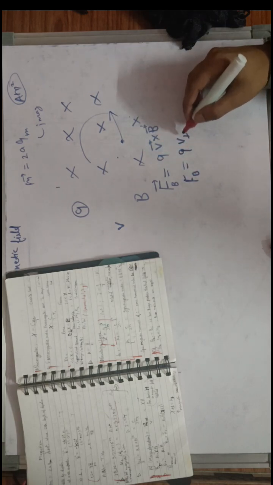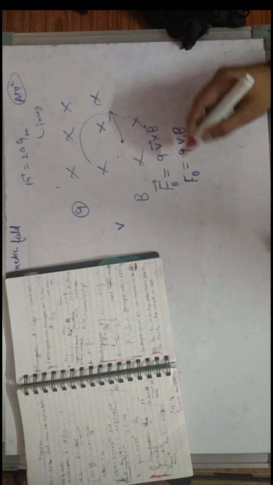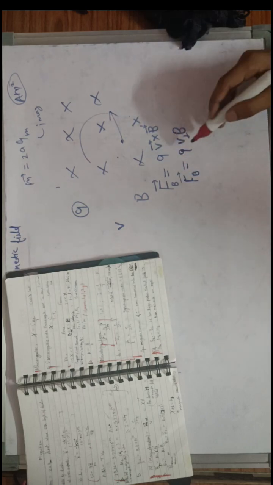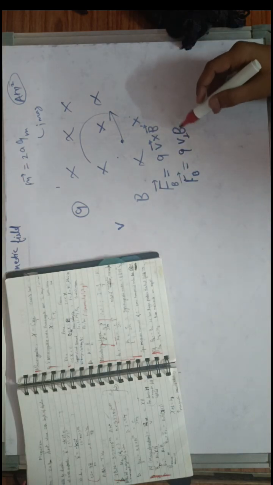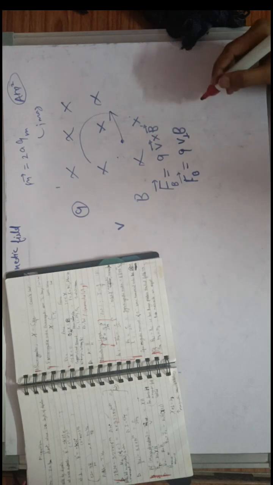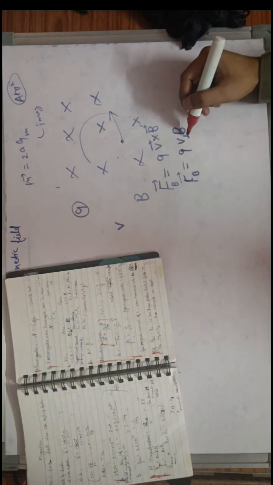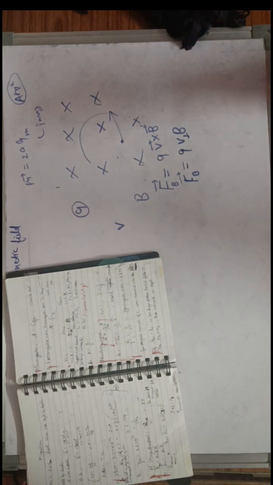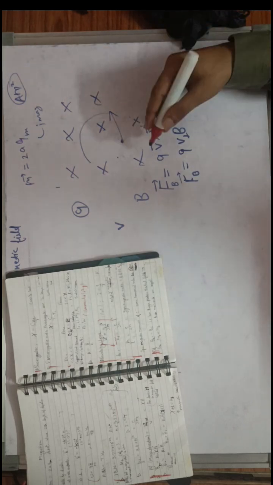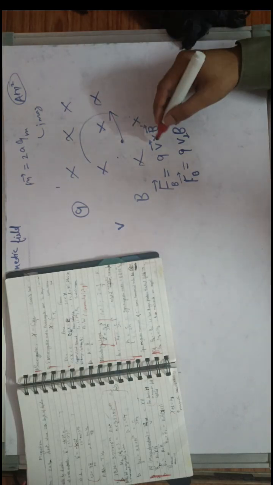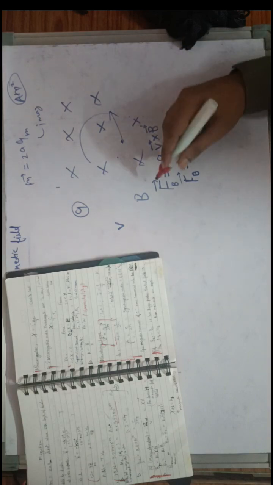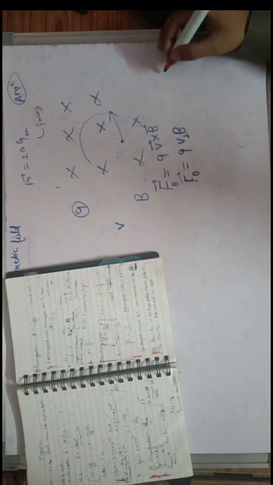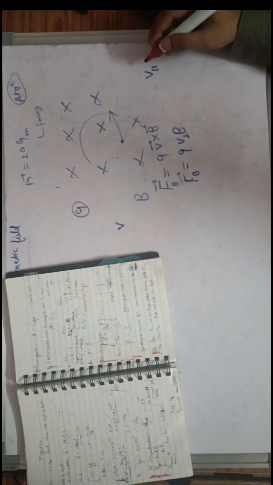So the force acting on the charge Q by this magnetic field is Q V perpendicular B. And let's say there is some component of the velocity of the charge that is parallel to the magnetic field. Let's denote it by V parallel.